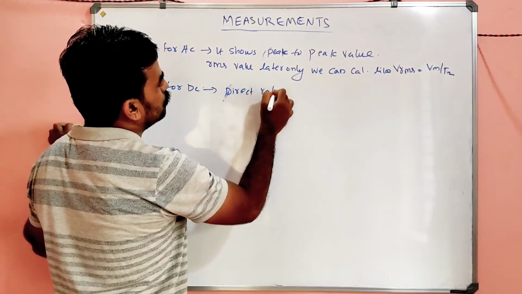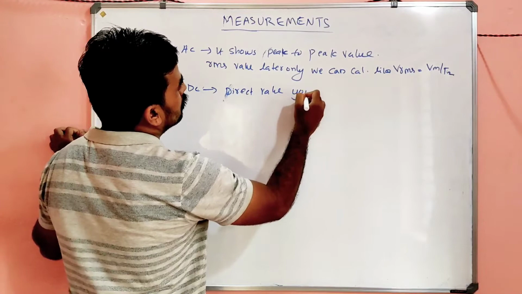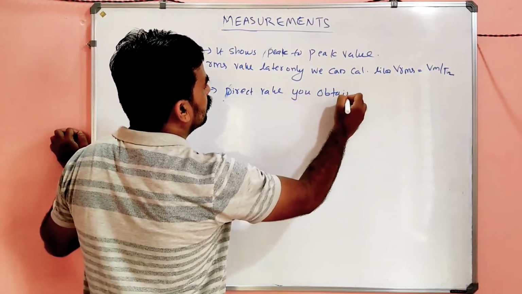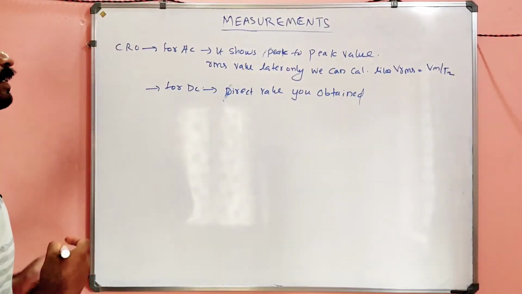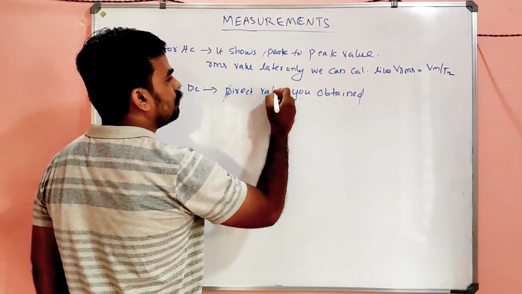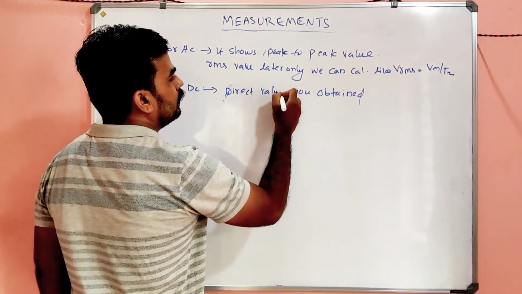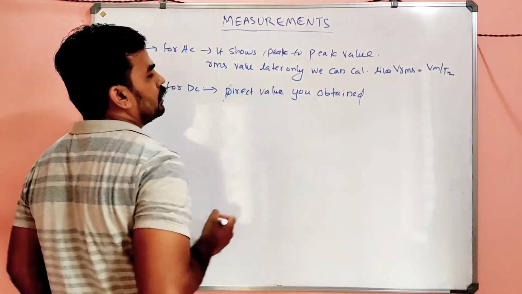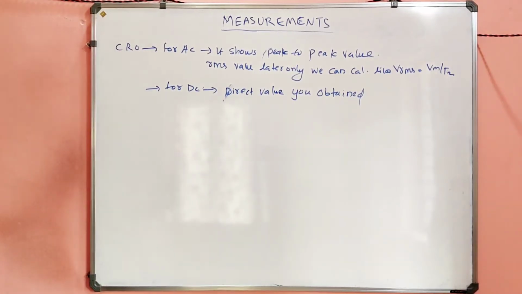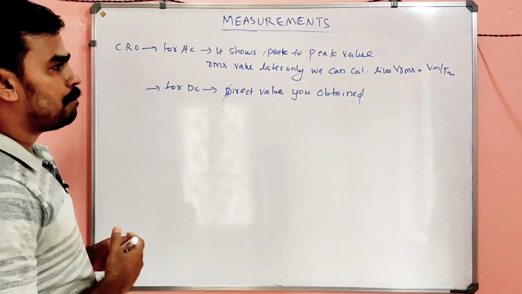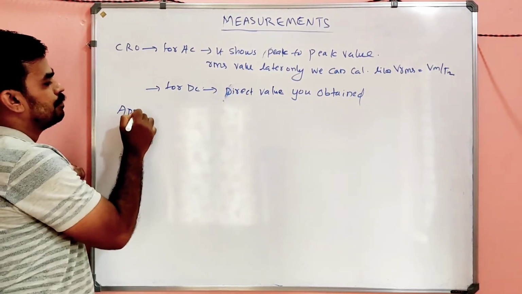For AC, you will get the peak to peak value, not the RMS value.